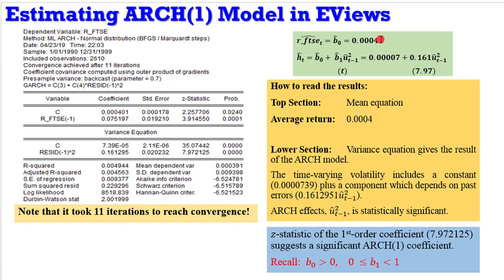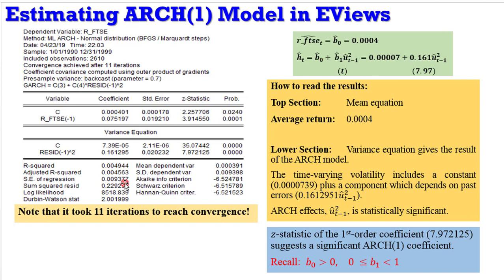I've extracted it here. And by constructing the ARCH-1 model, this is what you have upon estimation. So you can easily construct it. Remember I said the variance equation provides you the results for the ARCH model. So in constructing your ARCH model, upon estimation, this is what you should have.